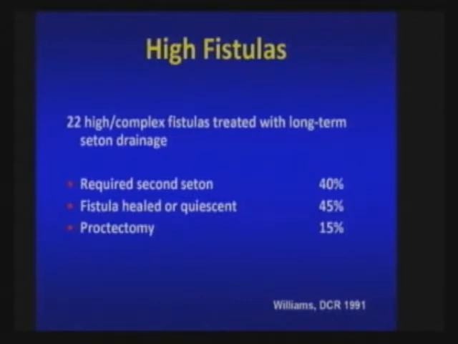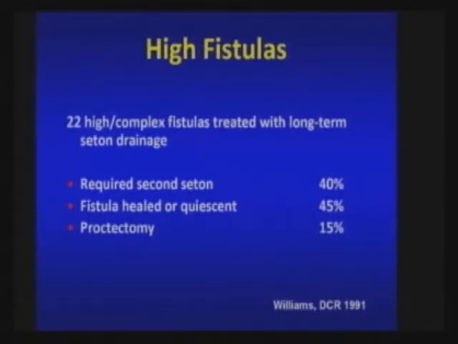This is an older series that looked at fairly standard treatment of treating people with drainage of the abscess or perianal sepsis and inserting a seton. This was done before infliximab or other biologic therapies were available.